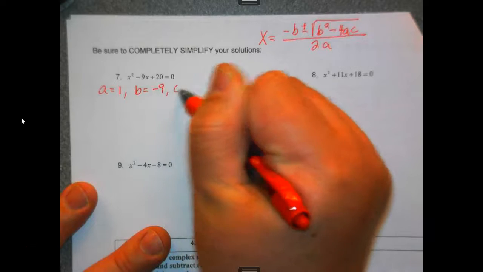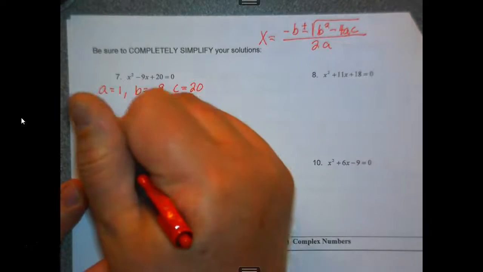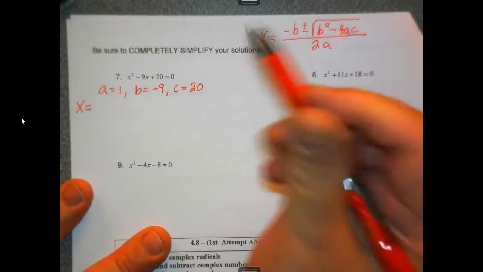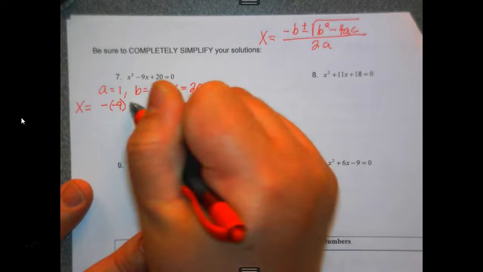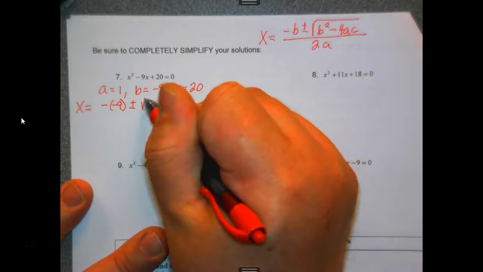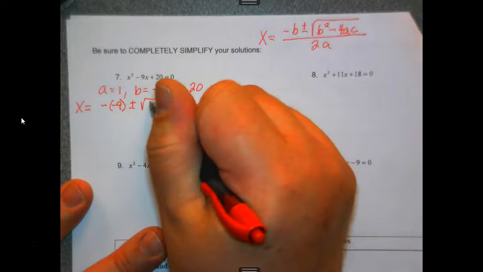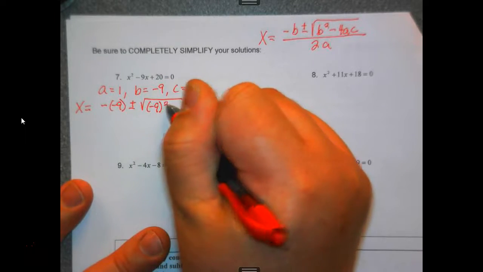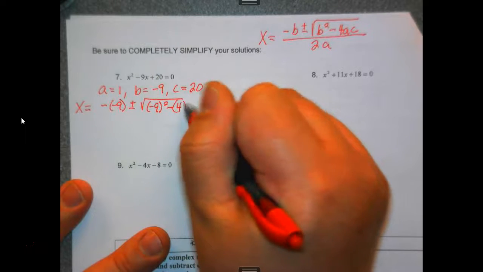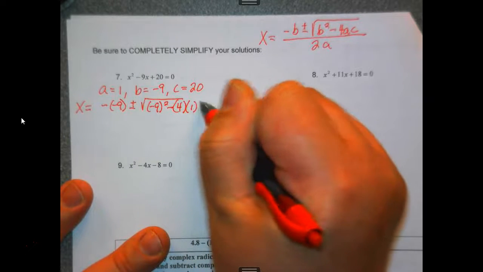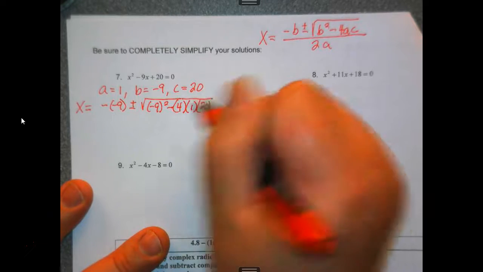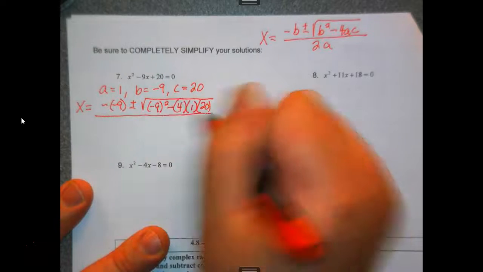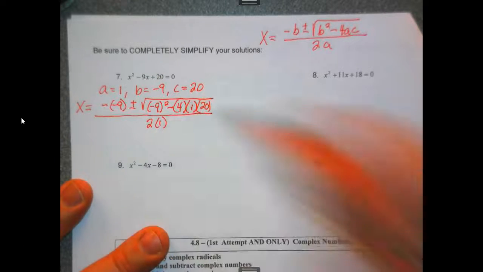Very good, what's my c? So x equals negative b, which is negative 9, plus or minus the square root of negative 9 squared, minus 4 times a is 1 times c is 20, all over 2 times a, which is what?